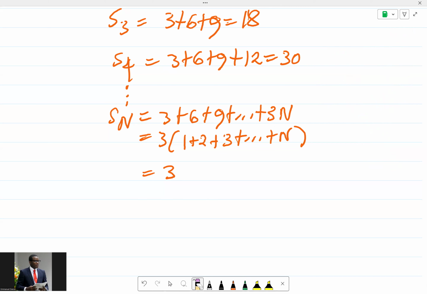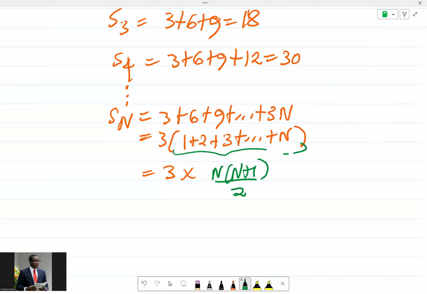So in that case now, since we have 3 outside the bracket, this whole expression in green now is just going to be n into n plus 1 divided by 2, because we are adding from 1 to n, and that is exactly what we have right there.